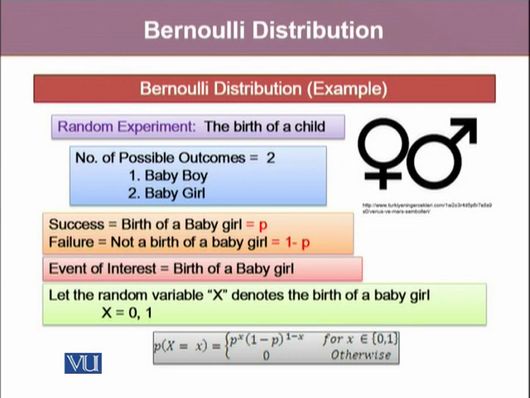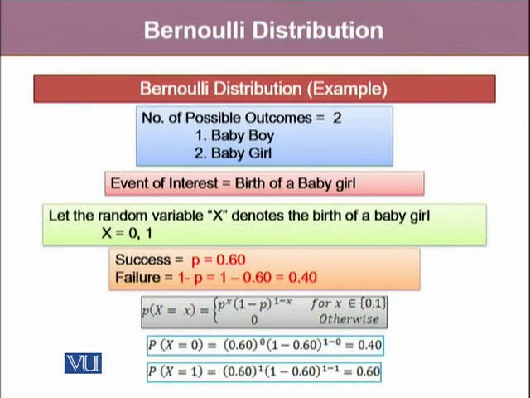But if X takes any other value, let's say 2, then the probability mass function will return the value 0. So in an experiment of the birth of a baby, let's say probability of success P is 0.60, which is 60%, and failure is 1 minus P, which is 1 minus 0.60, which is 40%.